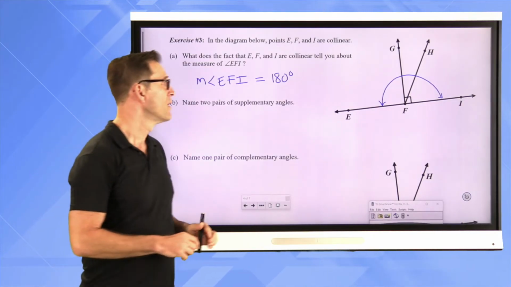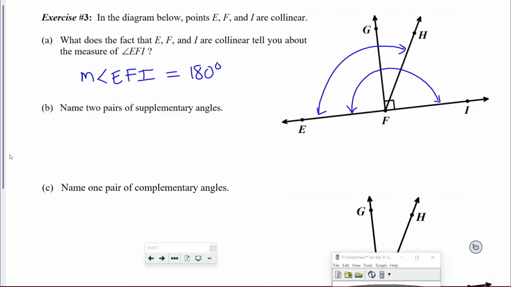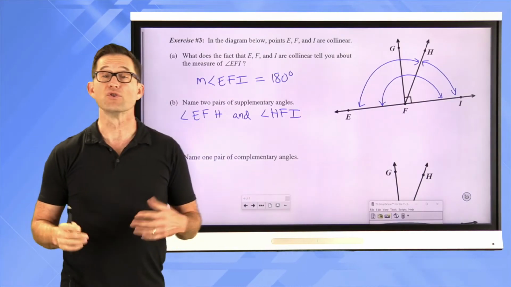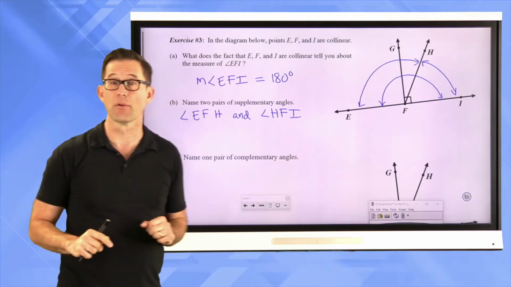Well, one pair will be angle EFH and angle HFI. Whatever those two are, they're adjacent angles that form this straight angle, so they must be supplementary.